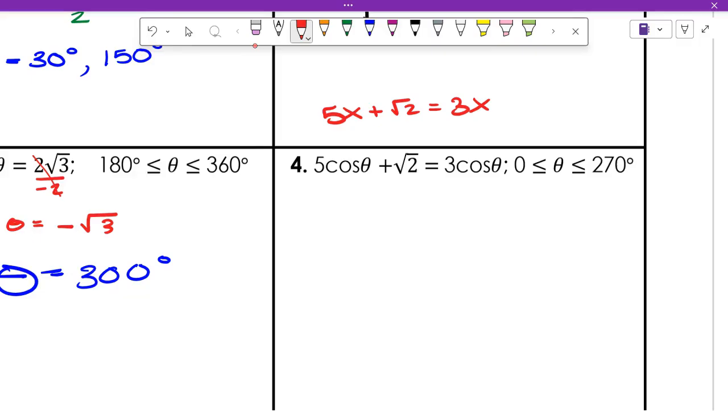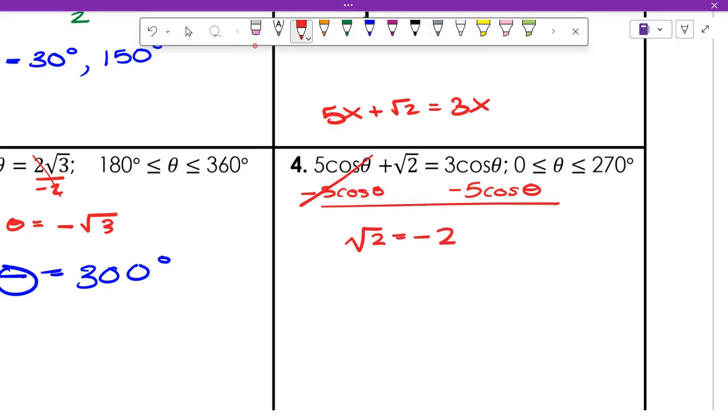So in this case, I'm going to get my cosines brought to the right side. I'm going to subtract 5 times cosine theta, and bring that over to the right, and that's going to cancel out over here. Square root 2 is equal to -2 cosine theta.